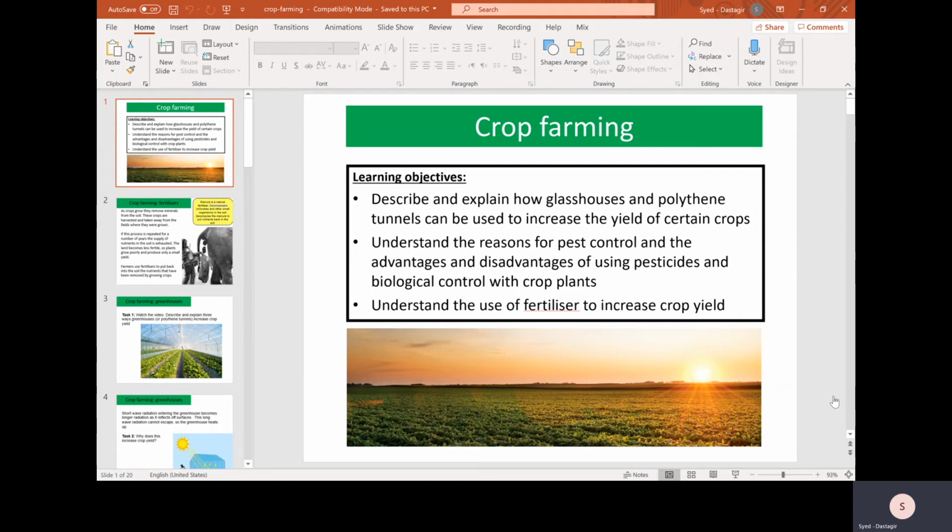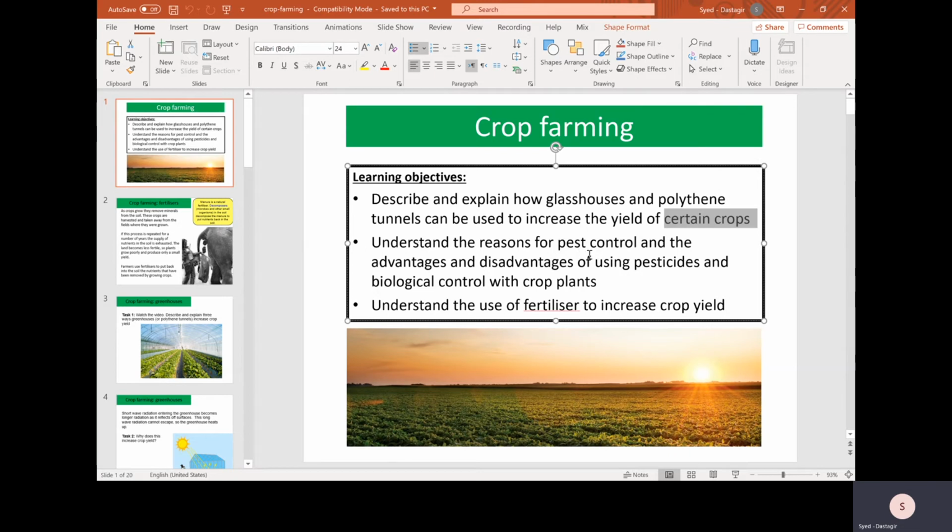So, just a review of what we did yesterday, crop farming. As you can see, the learning objectives. We needed to describe and explain how glass houses and polythene tunnels can be used to increase the yield of certain crops. We mentioned yield was the amount of crops farmers want to grow.